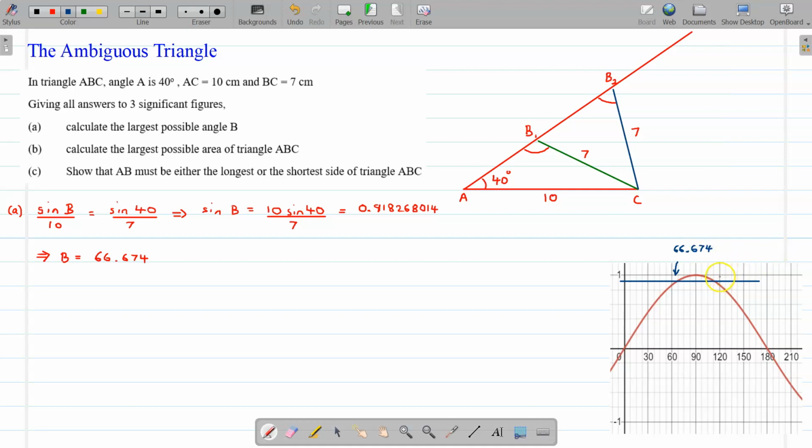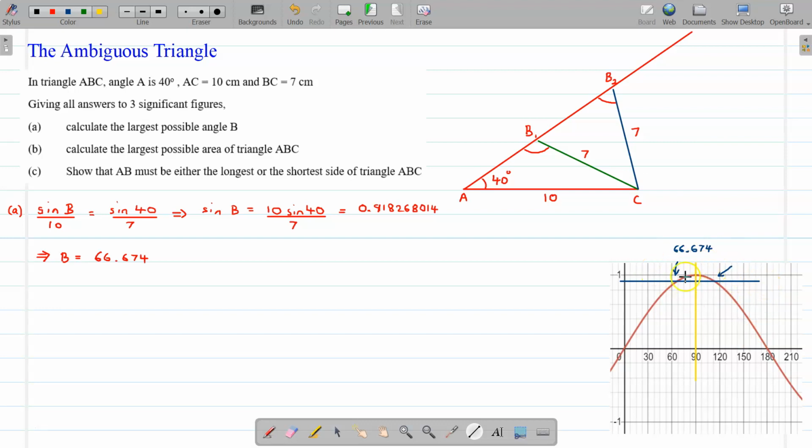Now this one over here is bigger, and that one there is actually the same as 180 minus this. And you can tell that just by looking at the symmetry of the graph. If I put a vertical line down the middle of this graph through 90 degrees, that's a line of symmetry. And the amount this is from 0, that's 66.67, is the same distance as this one is from 180.